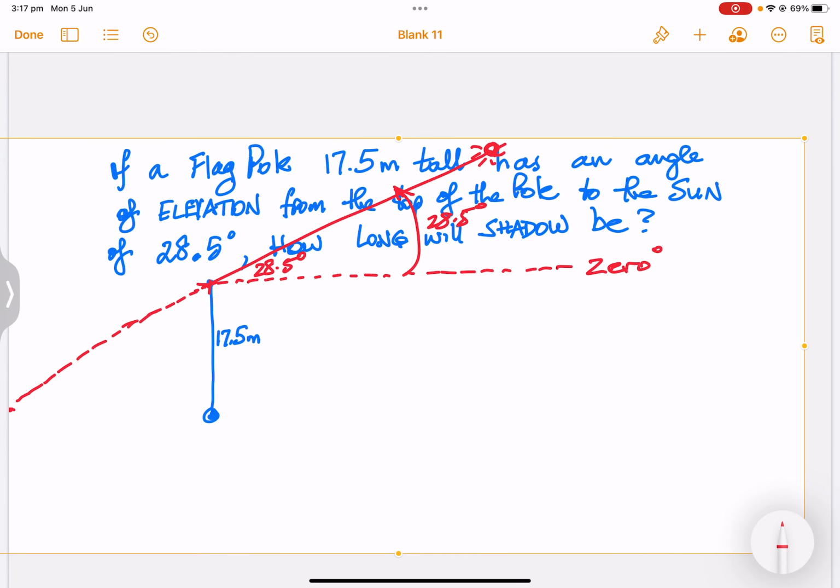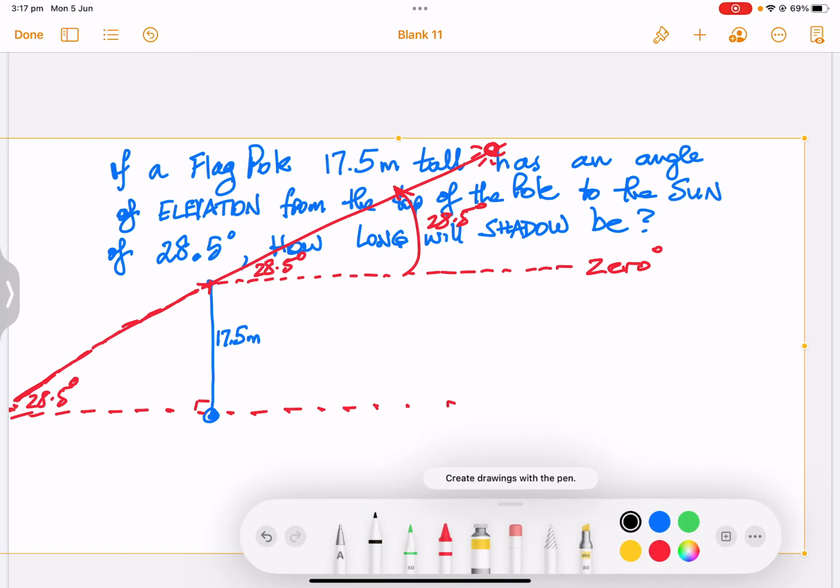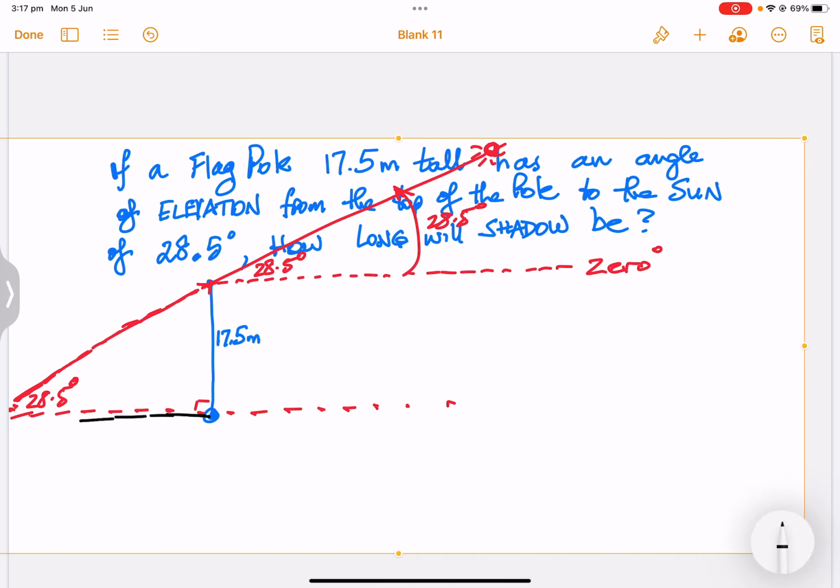Let's pretend that's a straight line to the point here. That's 28.5 degrees. It just keeps going. That line is the shadow. We'll get this shadow back to that line there. We want this length here. How long is the shadow?